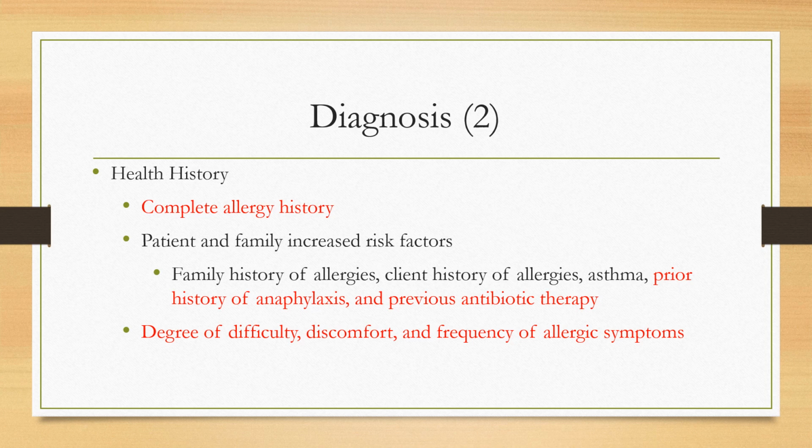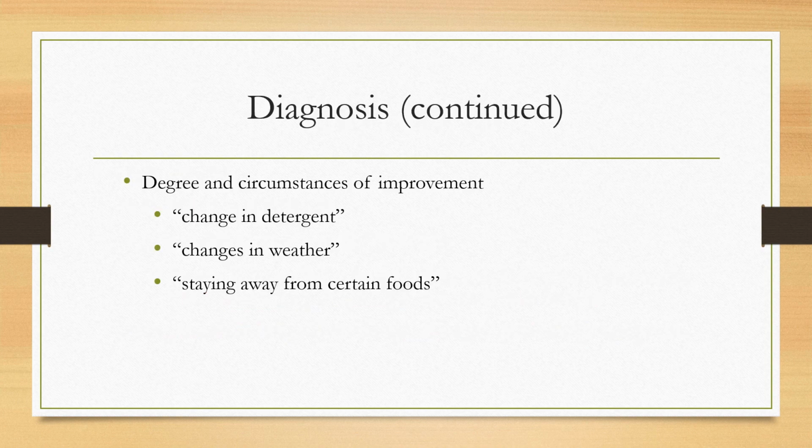What was their degree of difficulty? How uncomfortable were they? And how frequently do they have these allergic symptoms? So then the degree and circumstance of improvement. So if they were sensitive to something in the detergent, did they change the detergent? Changes in weather, changes of season.